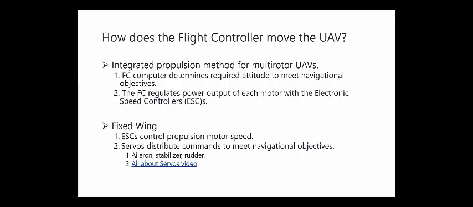The flight controller then regulates power output to each of the motors in the electronic speed controllers to adjust aircraft attitude and navigational speed. With a fixed-wing aircraft, ESCs only control the propulsion portion of movement, while servos will adjust ailerons, stabilizers, and rudders to maneuver the aircraft.